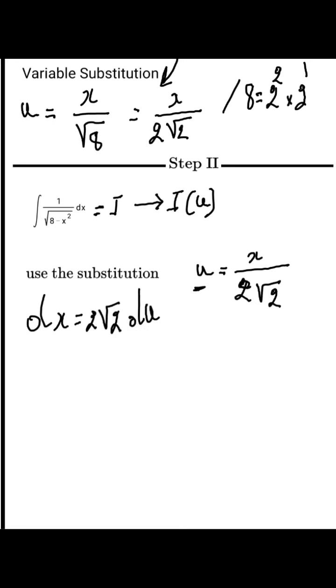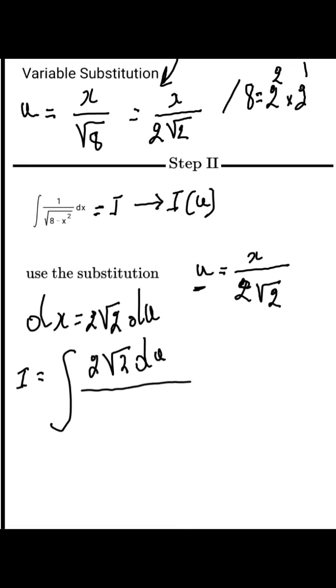Next, we will complete the integral I of u, which will be equal to integral of 2 root square 2 du over root square of 8 minus x squared, which is, by the way, 4 times 2 x squared, which is 8 u squared.